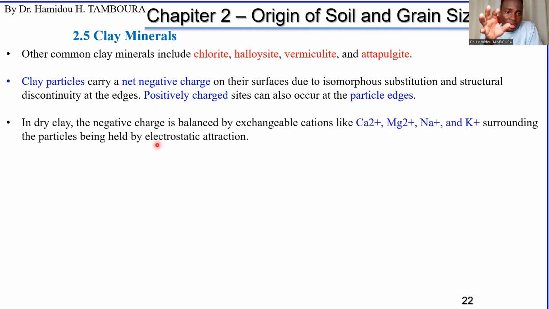So in dry clay, the negative charge is balanced by exchangeable cations, like Ca2+, Mg2+, Na+, and K+. These cations surround the particle, held by electrostatic attraction.